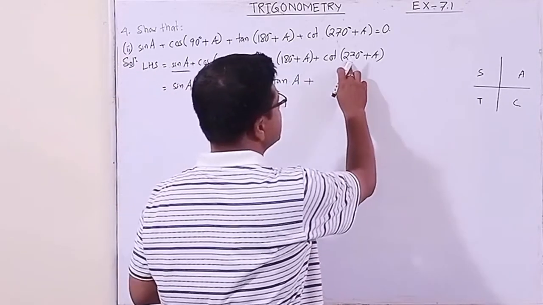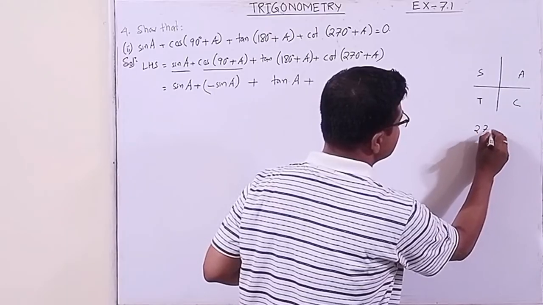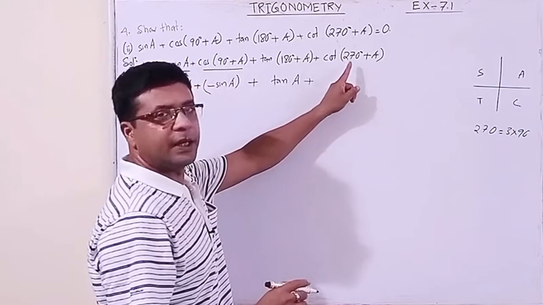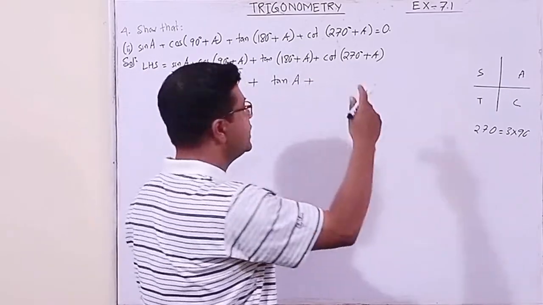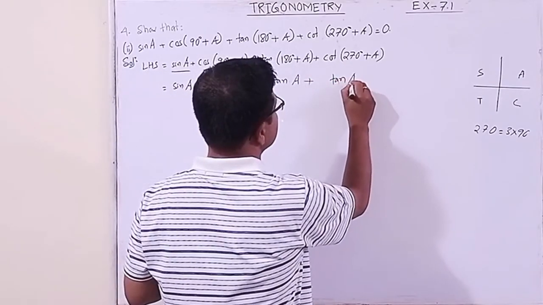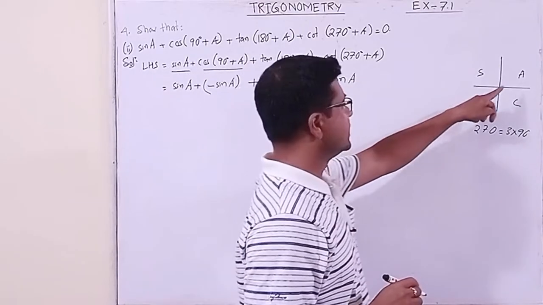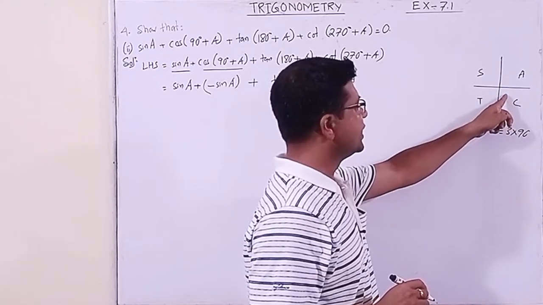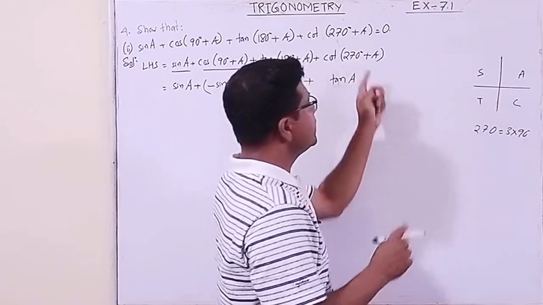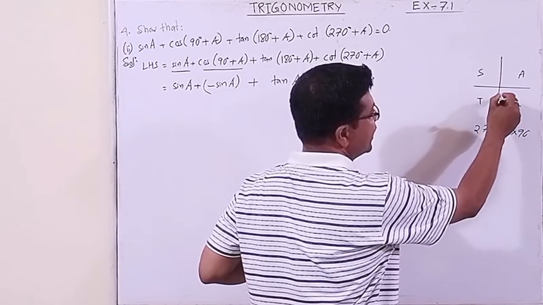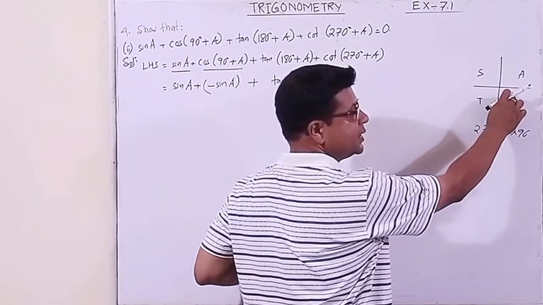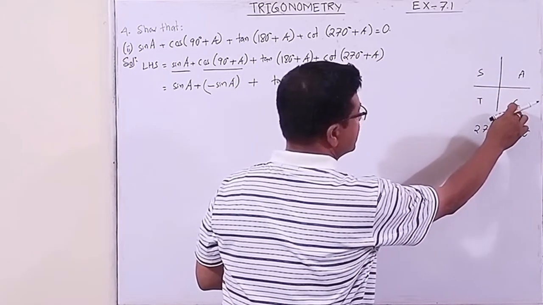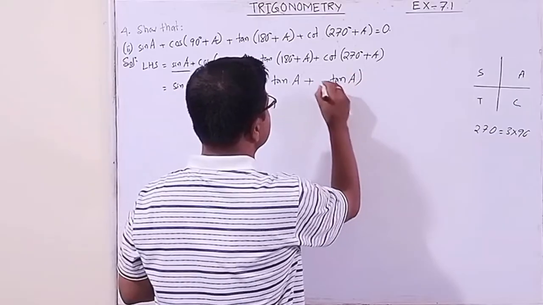Then this is 270. 270 means 3 into 90 degree, that is an odd multiple of 90 degree, so cot will be converted to tan A. Now 270 plus A: 90, 180, 270, plus A. There is something extra, so it falls in the fourth quadrant. In the fourth quadrant, cot is negative. Here only cos is positive, so this is negative.